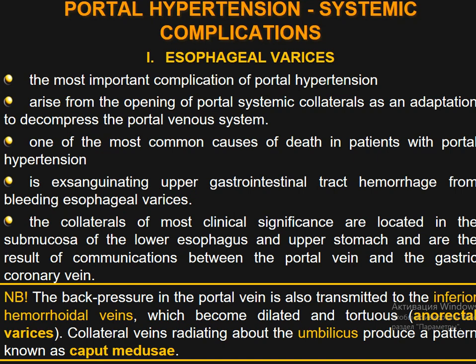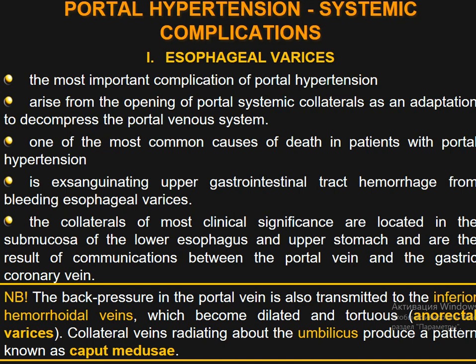It arises from the opening of portal systemic collaterals as an adaptation to decompress the portal venous system. It is one of the most common causes of death in patients with portal hypertension, because it leads to bleeding from esophageal varices.